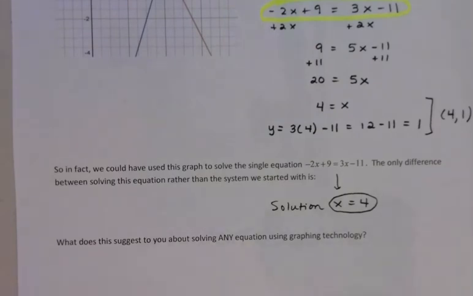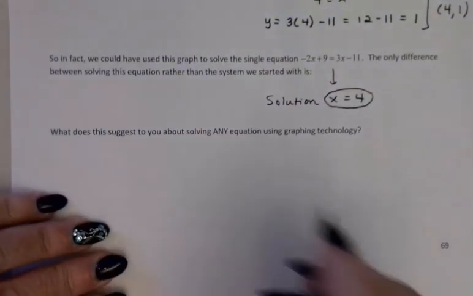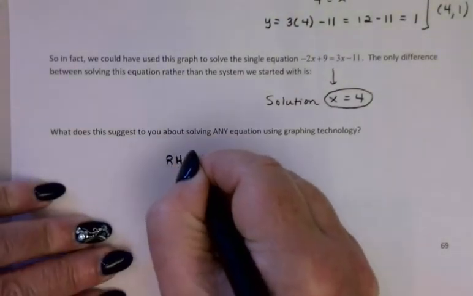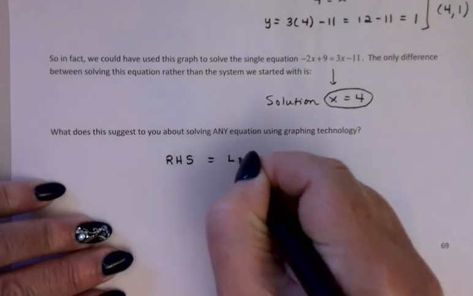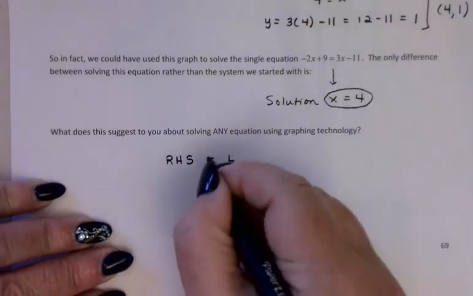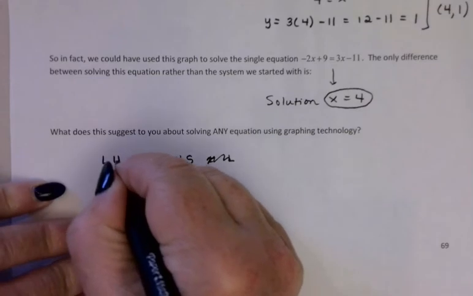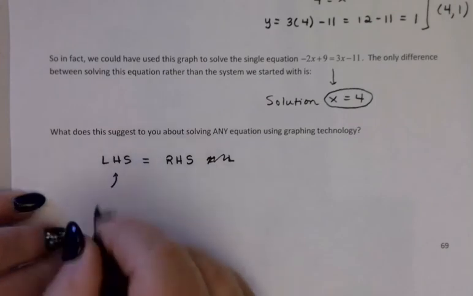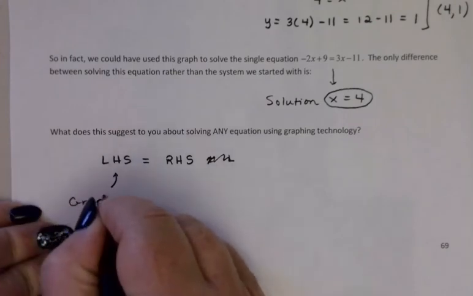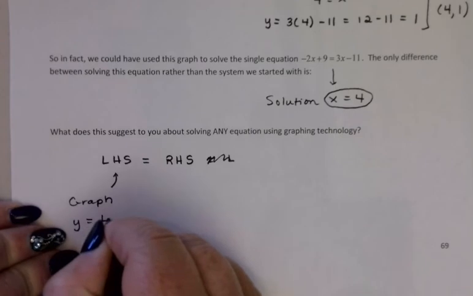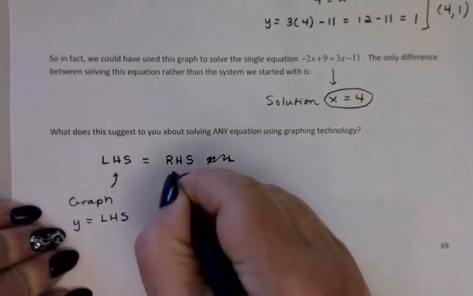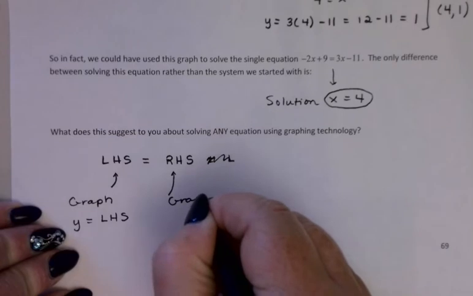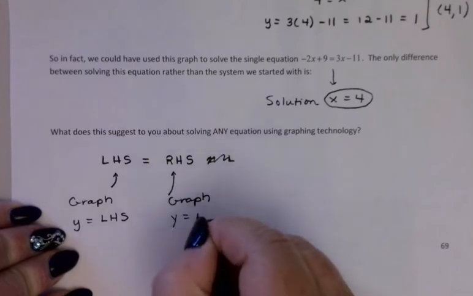So, what does this suggest about solving any equation using graphing technology? If I have an equation, the left-hand side equals the right-hand side. Then what I can do is graph y equals whatever that left-hand side was, and also graph y equals whatever that right-hand side was.